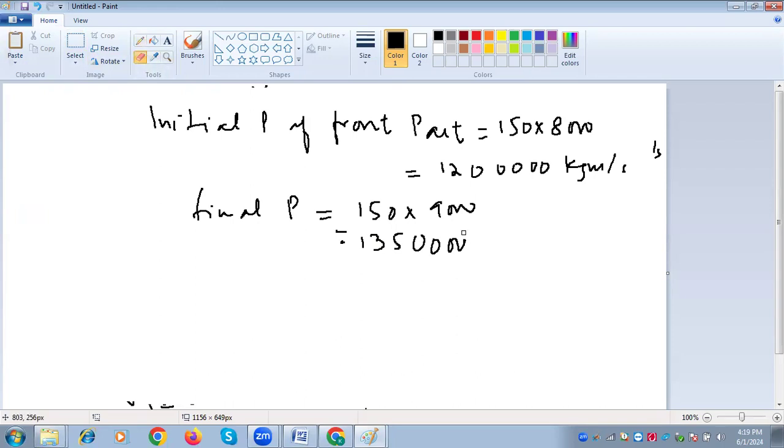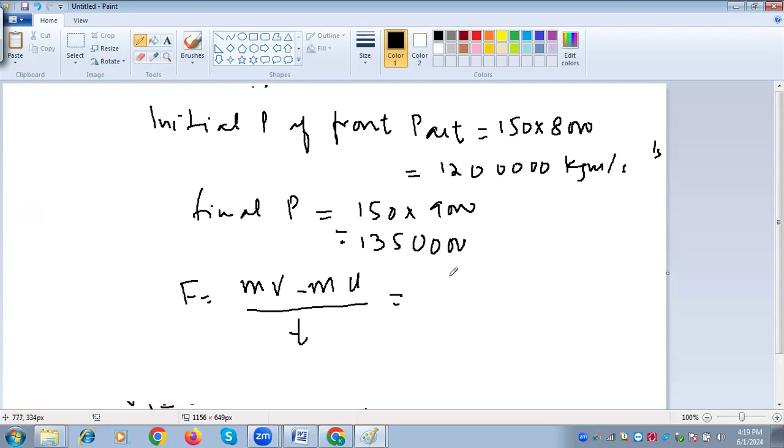So force is change in momentum. Okay, so F is equal to mv minus mu over t. The time for which the force acts is 0.2 seconds.